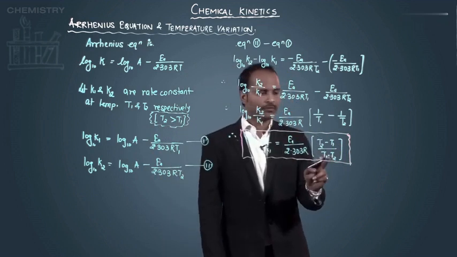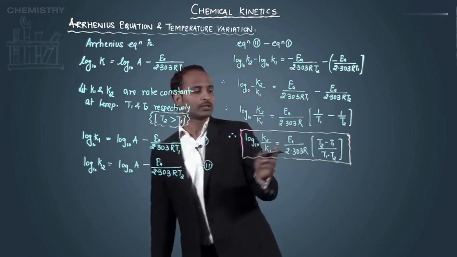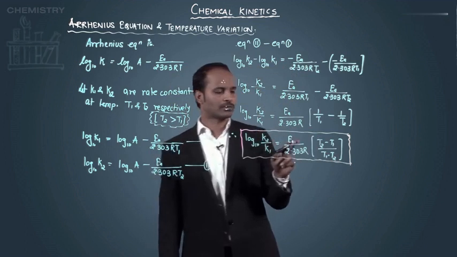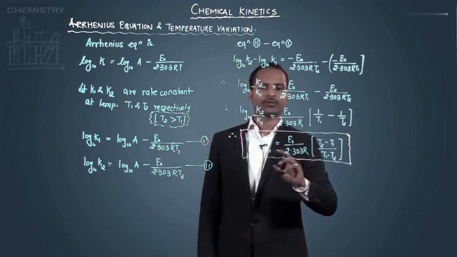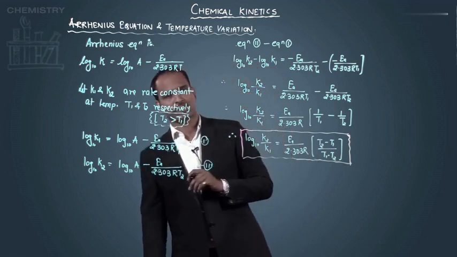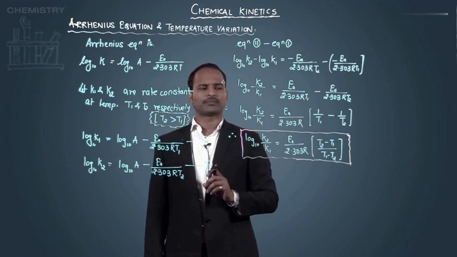If I'm changing a temperature, how much the rate constant will change can be determined by using this formula. This formula is also used for calculating the activation energy. If we change the temperature, the K value will change, and hence from that data we can calculate the activation energy too. So this is the Arrhenius equation and temperature variation.